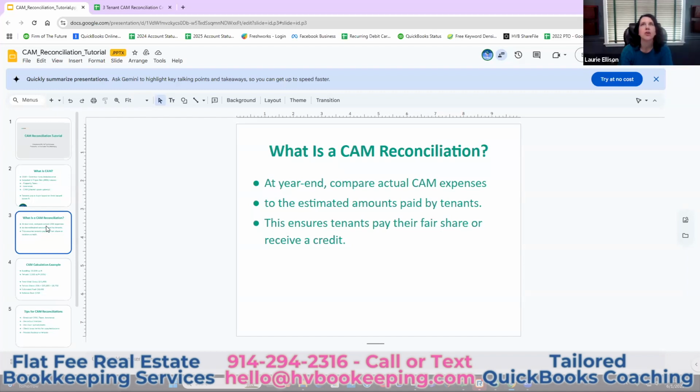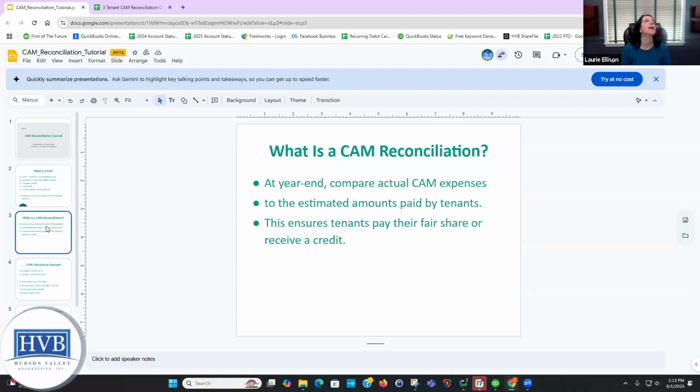Okay, let's go. So what we're doing is normally, in a good tenant-landlord relationship, the tenant is paying a certain amount toward their CAM every time, right? So you're not waiting till the year end to charge your tenant for CAM. It should be like an estimated payment, almost like when you make escrow payments when you have a mortgage, and your bank uses those funds toward your property taxes and insurance.